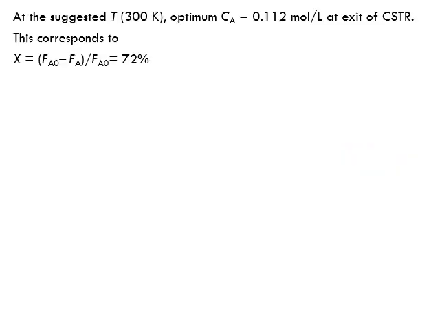Okay. So we just said that the maximum selectivity, which is obtained at the optimum Ca, is not a function of temperature. So we said we can run at the temperature of our choice.